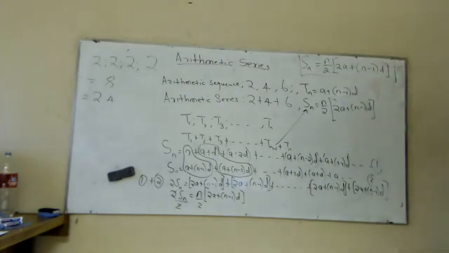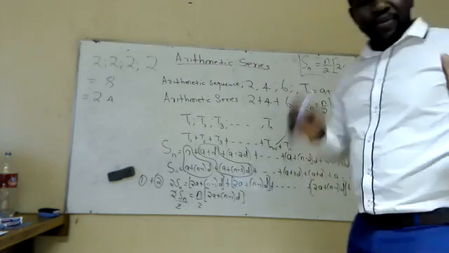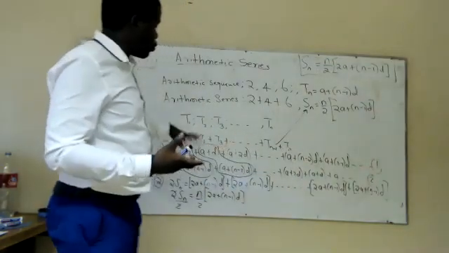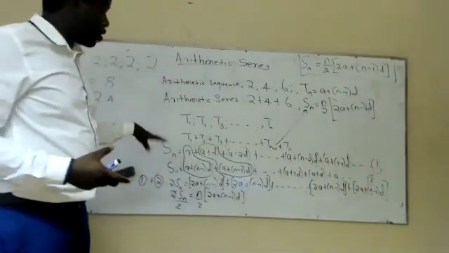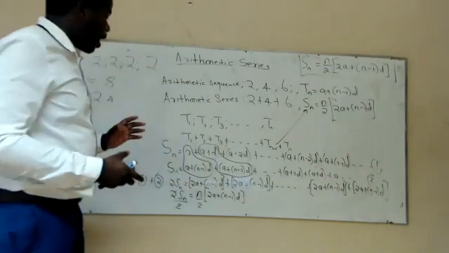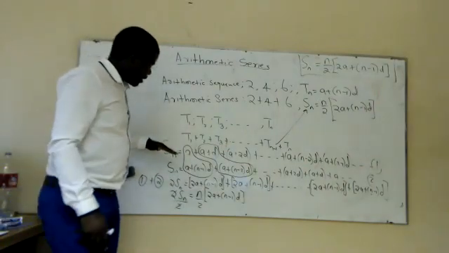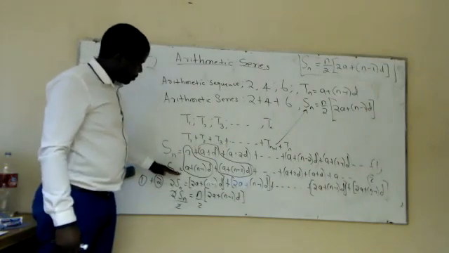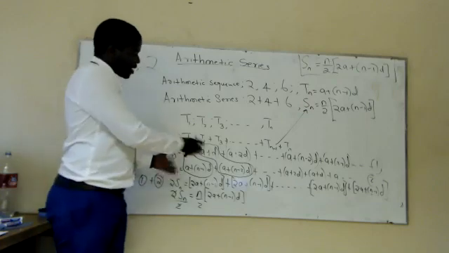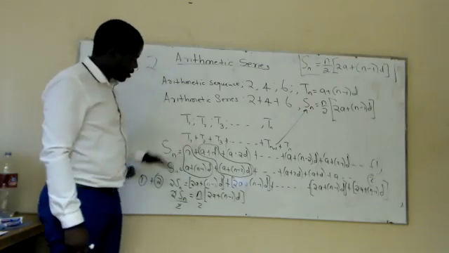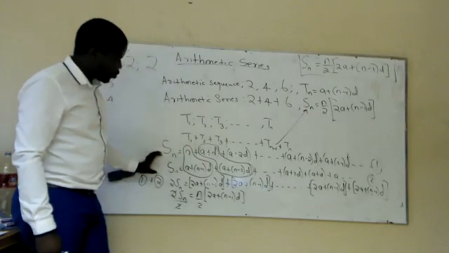I've given you the full derivation of that formula. So let me caution you about the steps. I know you might not be able to take the whole information at one time, but let me caution you about a few things. We generated the summation, and then we got equation number 2 by reversing the summation of equation number 1, and then we added the 2 equations.